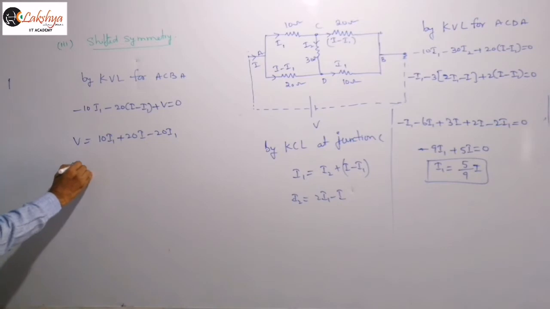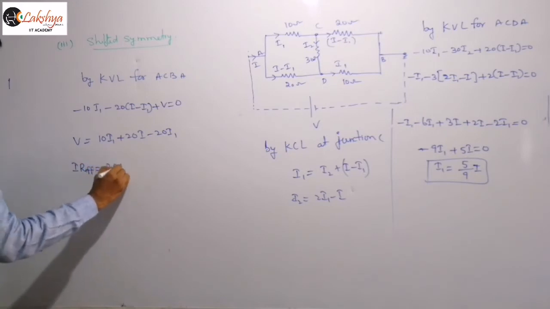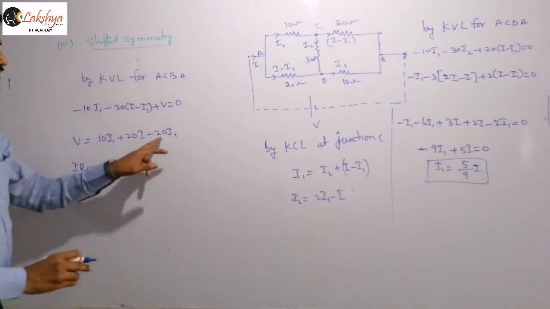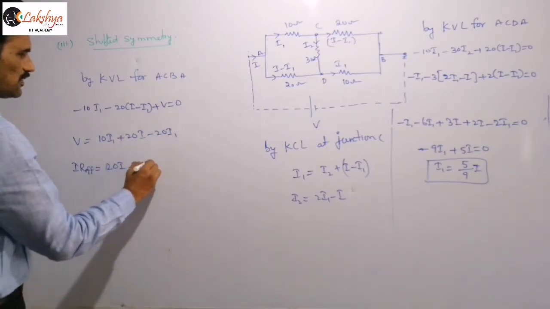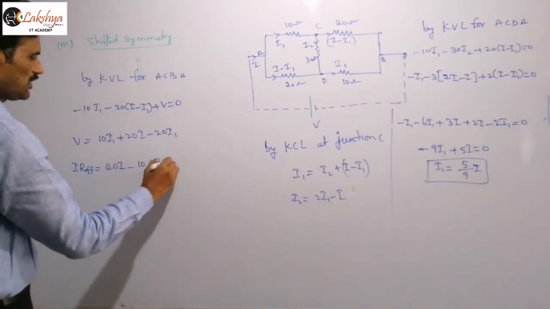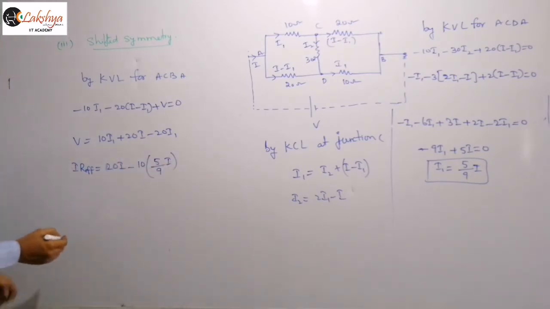So then this value I can write as I into R effective, and this is 20I and minus this 10 I1, that I1 value I am substituting here. 10 into this is 5 by 9 I1. This is the I1 value, right?